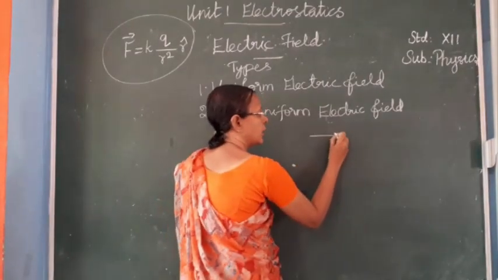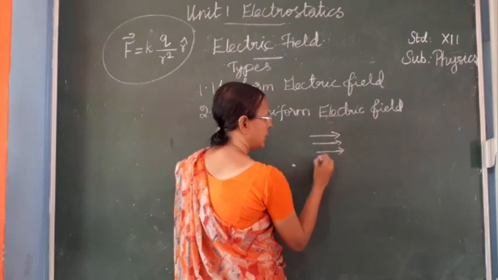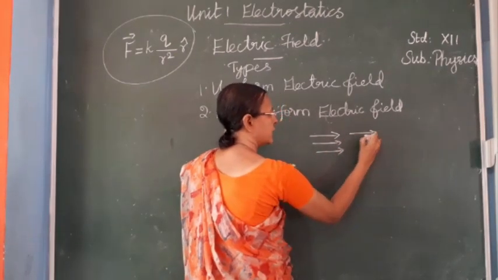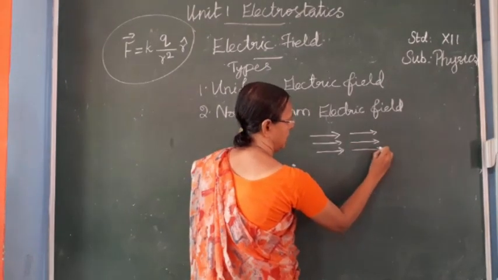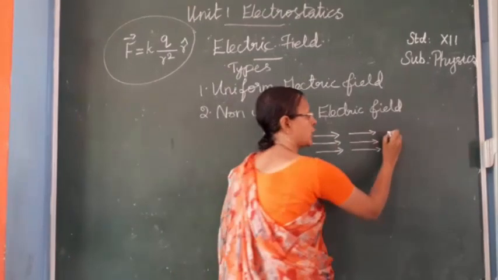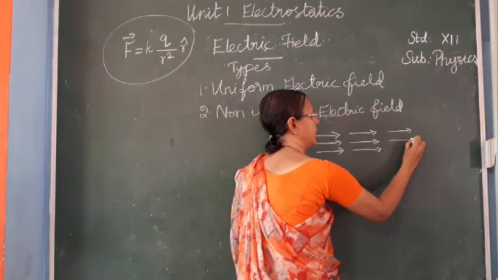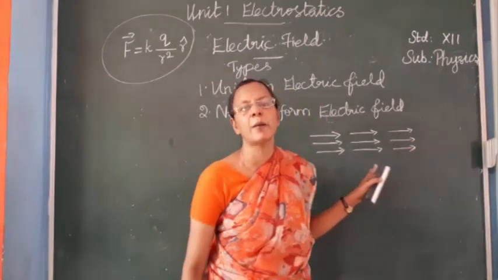So the magnitude is the same, and the direction is also the same. That is a uniform electric field.